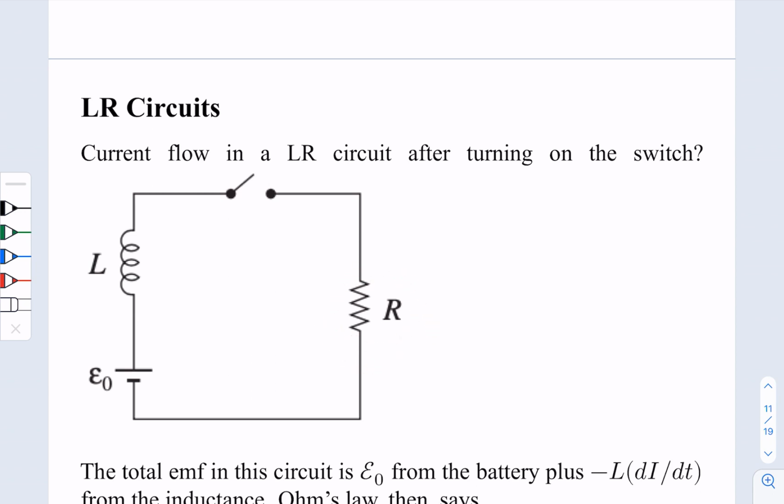And here we idealize everything, and say that we combine all this self-inductance into one component, combine all this resistivity into another component, and also have the source of the voltage as one ideal component. And then this gives us the typical LR circuit.